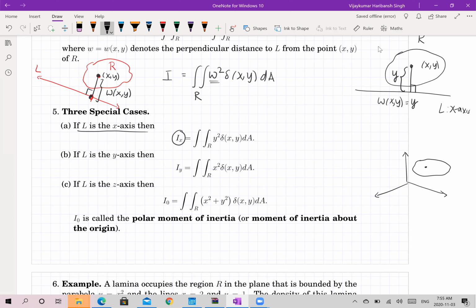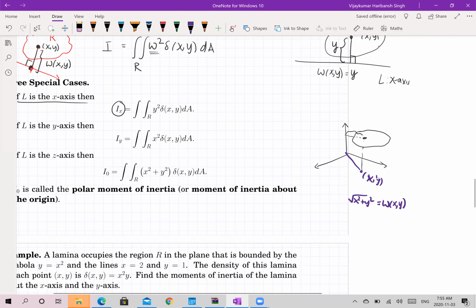So then you're looking at the distance of this point xy from the origin, and that distance is given by square root of x square plus y square, which is your w of xy when L is the z-axis.